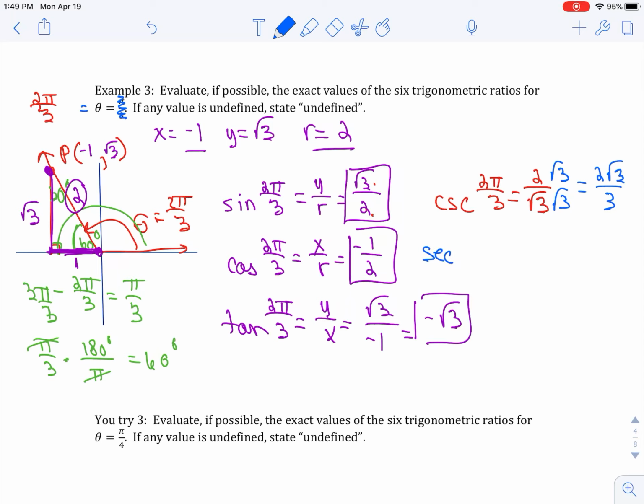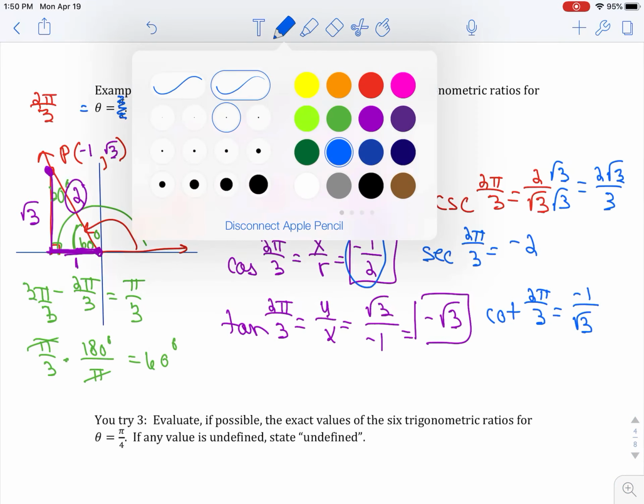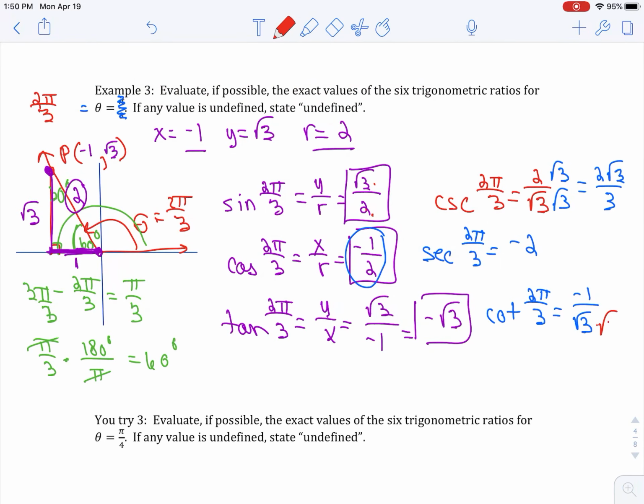The secant of 2 pi over 3 is equal to the reciprocal of this, which is just -2, so that's nice and easy. And then the cotangent of 2 pi over 3 is just going to be -1 over the square root of 3. So that one we do have to rationalize. So I'll multiply the numerator and denominator by the square root of 3. And so we end up with negative square root of 3 over 3.